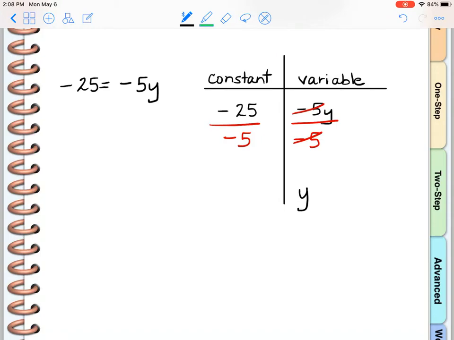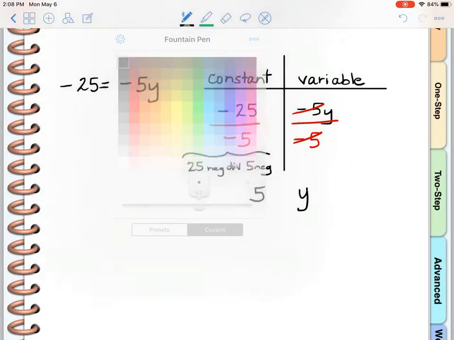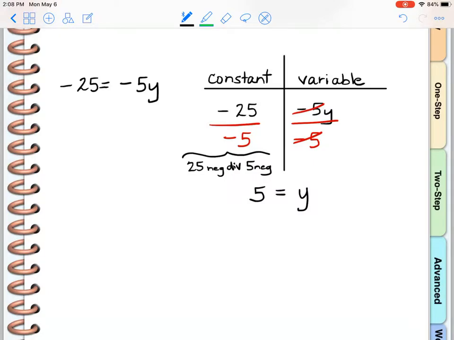And so y equals negative 25 divide negative 5, and you will get a positive 5 as your answer. So make sure that you are able to get that positive 5, that you know how to use your negative key. A negative 5 in the answer will not be acceptable.